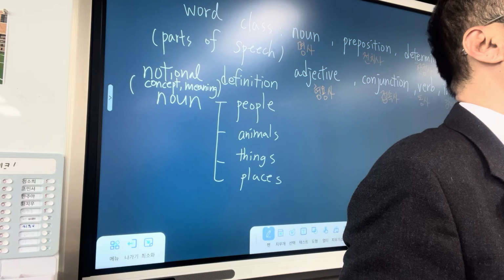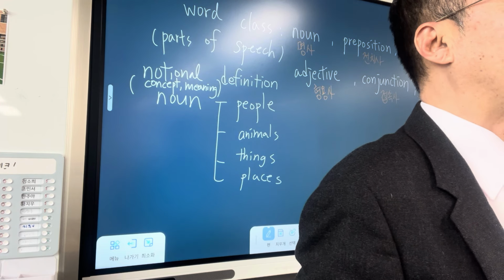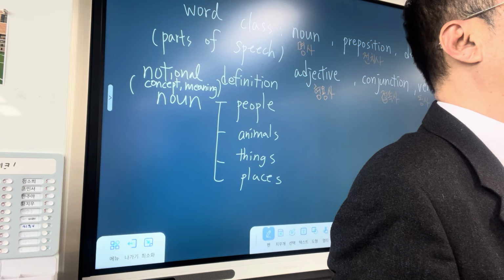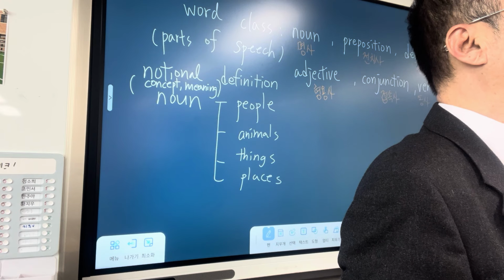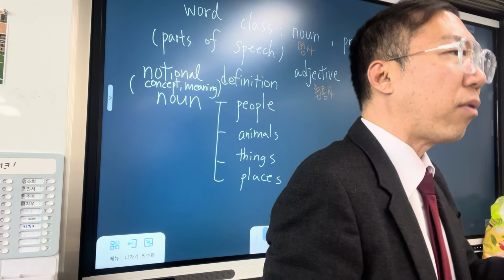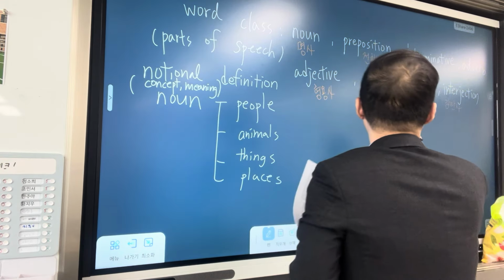A problem with the notional definition of noun is that it leaves a great number of words unaccounted for, which could also be said to belong to the class of noun, but which do not denote people, animals, things, or places. Did everyone find the sentence? Everyone knows where we are? Okay, good.